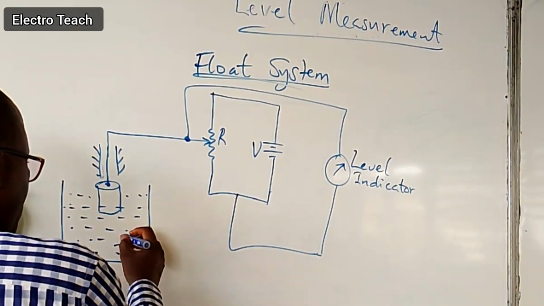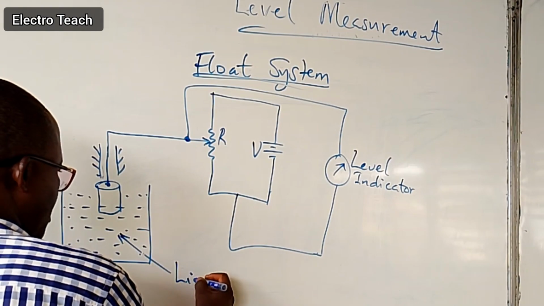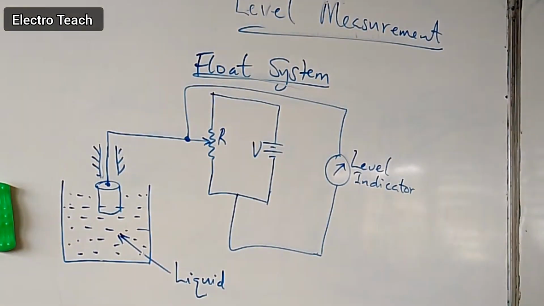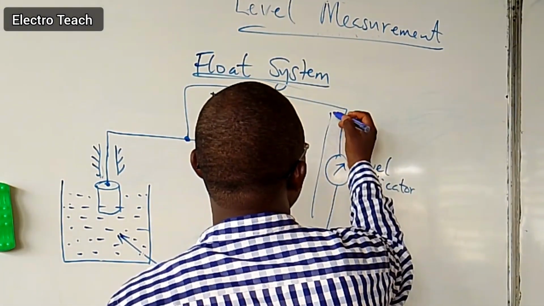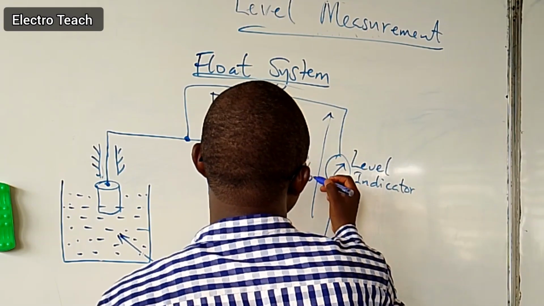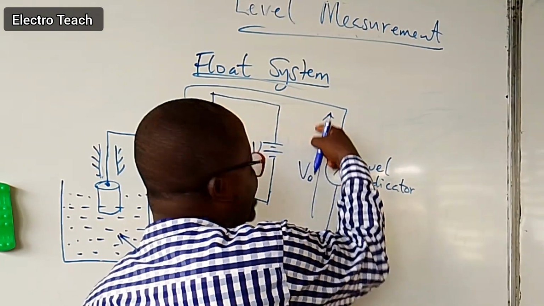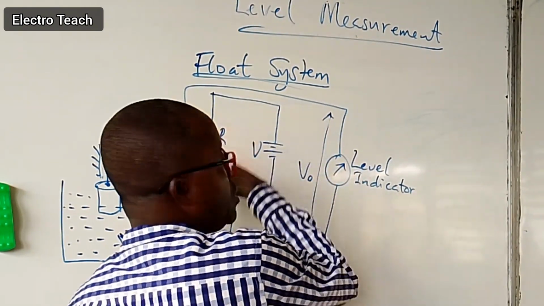So this is the liquid in the tank. Alright? Now, the output voltage is used in this case, not the current reading. Output voltage, which is actually a function of this voltage. The total voltage here will be varied based on the position of the wiper on this resistor.